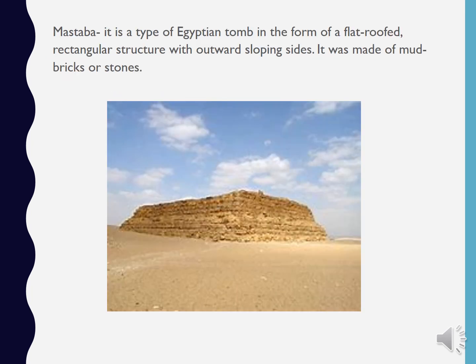Next is mastaba. It is a type of Egyptian tomb in the form of a flat-roofed, rectangular structure with outward sloping sides. It was made of mud, bricks, or stones. So these are examples of mastaba.